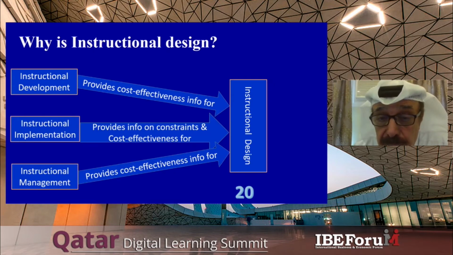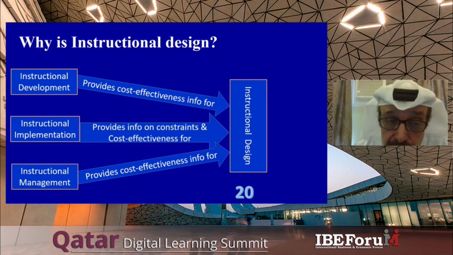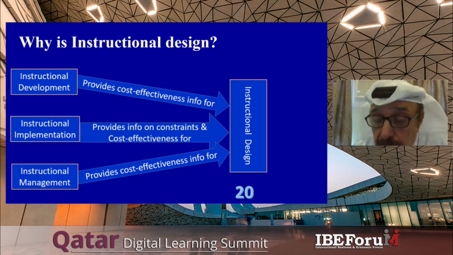They provide cost-effectiveness information for instructional design, which is instructional development. Instructional implementation provides information of constraints and cost-effectiveness for instructional design. Instructional management provides cost-effectiveness information for instructional design. So all these things really help.